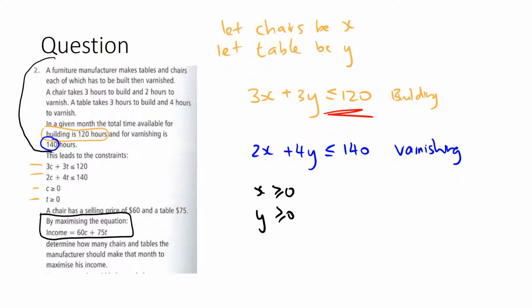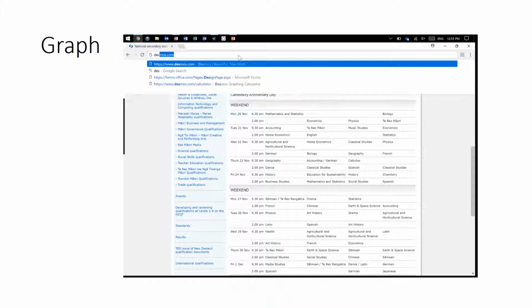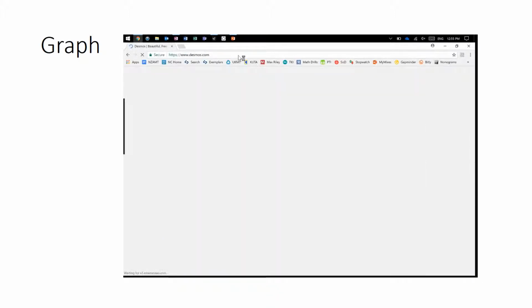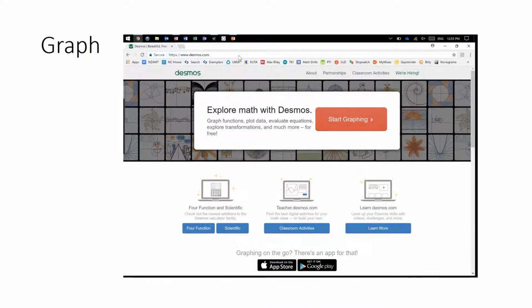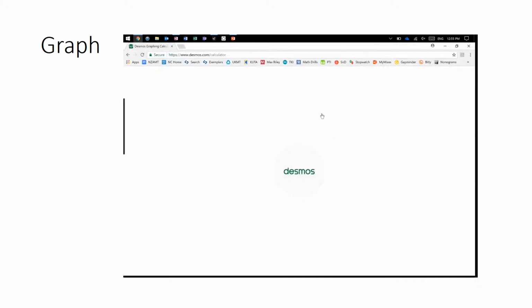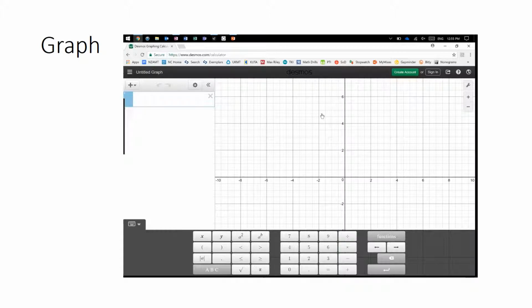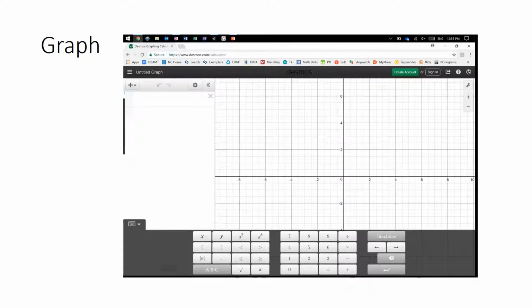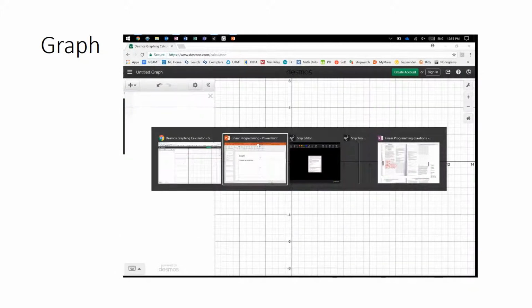Happy? So what you're going to do, once you've got those constraints, you're going to open up Desmos. In Desmos, you can start graphing. This is going to draw your graphs for you. Okay? So what are those constraints we had?